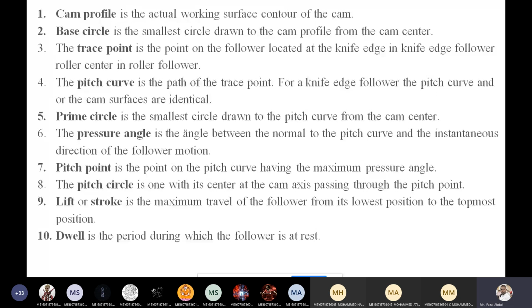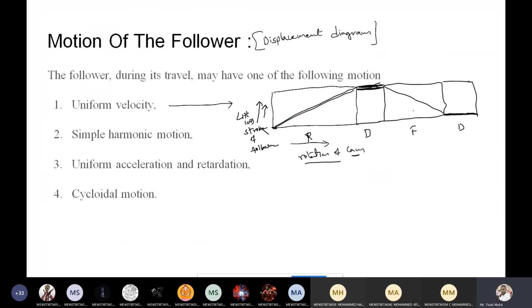That is the falling of the follower, and the curve is shown in this manner. I am drawing a straight line here because this is uniform velocity, and in the rest of the dwell period there is no motion for the follower.